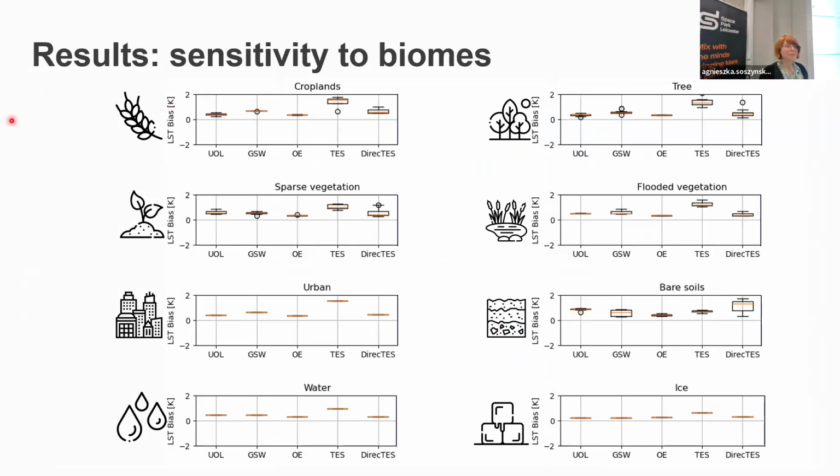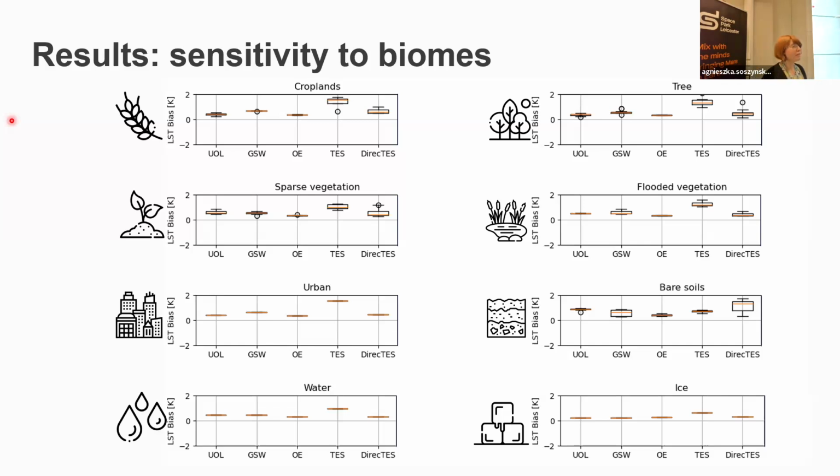So we divided all the biomes that come from the land cover CCI, ESA's, into groups: cropland, sparse vegetation, urban, water, any tree, that being forest, something related to forest, flooded vegetation, which is tricky because you can have water mixed with plants, and then bare soils and ice.